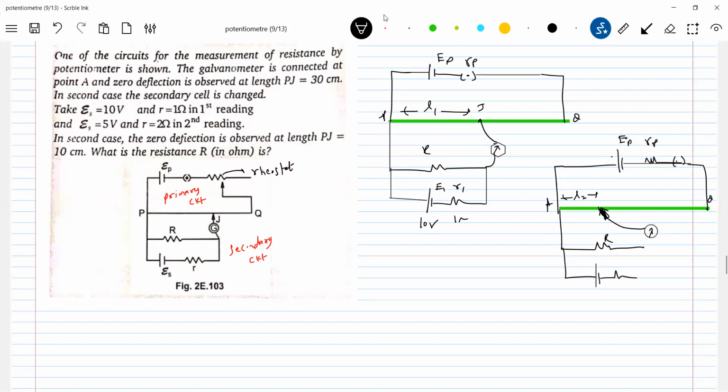This will be 5 volt. This is 2 ohm. This will be our circuit here. So call this J. Now this will be, say, J1, and you call it J2. With this information, can we find out the value of R?